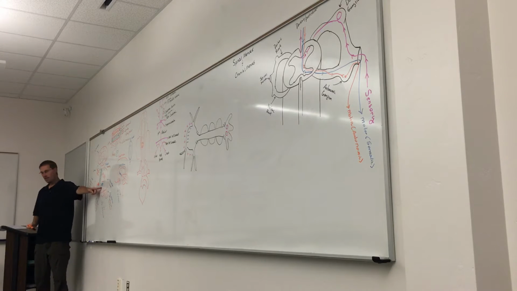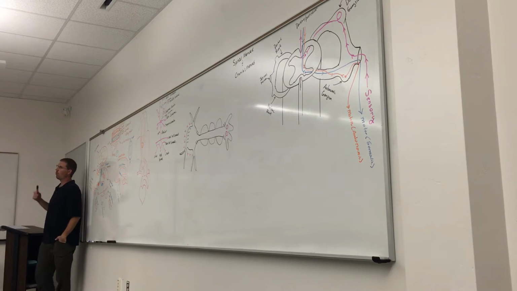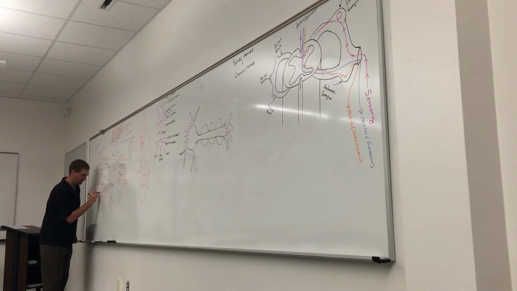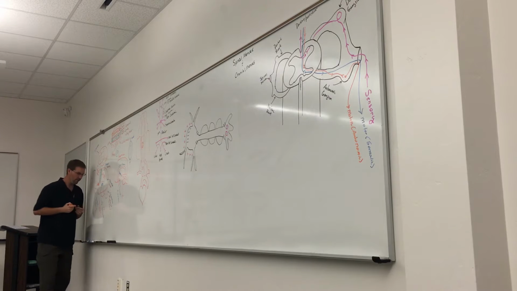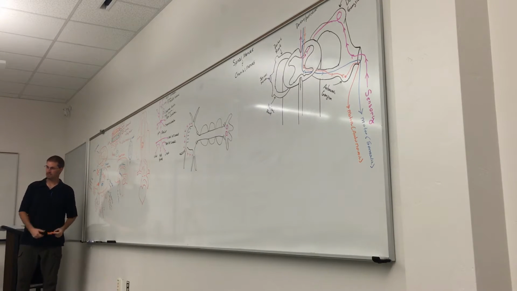There is an area here in the temporal lobe, kind of toward the back of the temporal lobe, just underneath the parietal lobe. This is known as Wernicke's area. These are both involved in language processing.